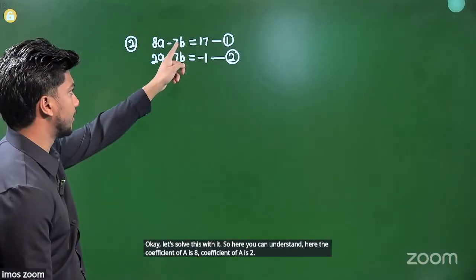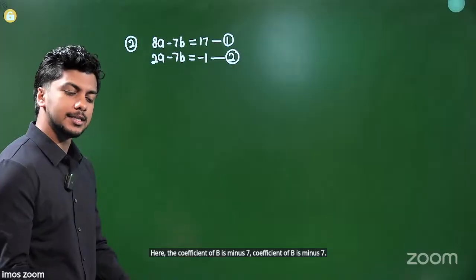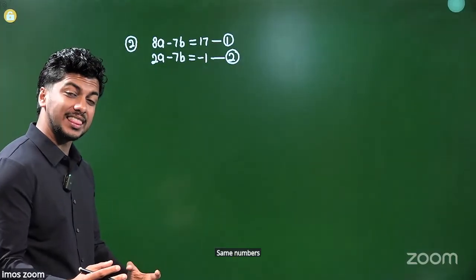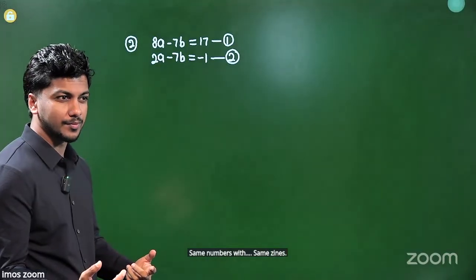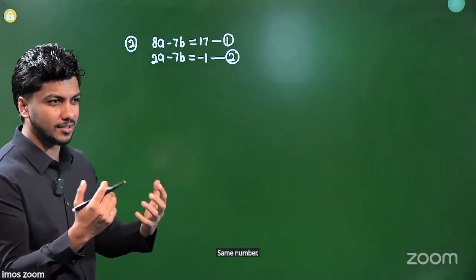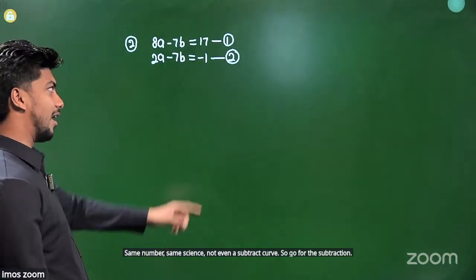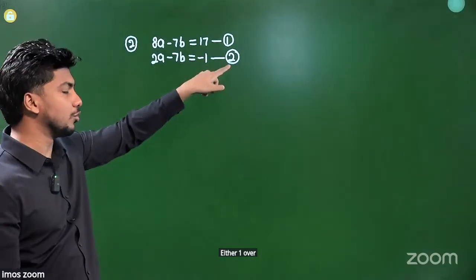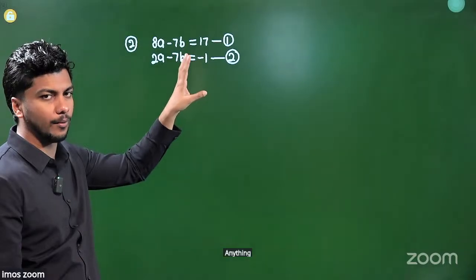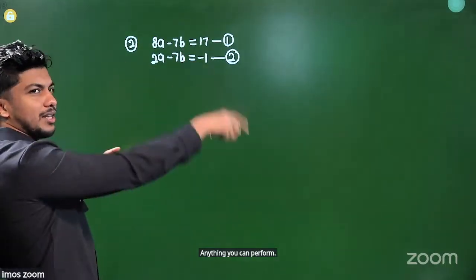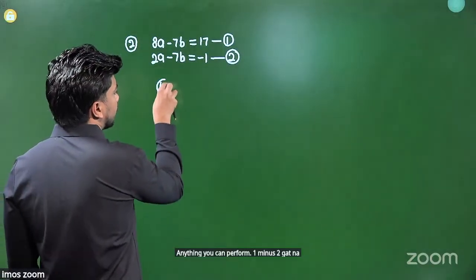The coefficient of b is minus 7 in both. Same numbers with same signs, so go for the subtraction. Either 1 minus 2 or 2 minus 1, anything you can perform. But if we take 1 minus 2, we get a positive value on this side. So 1 minus 2.